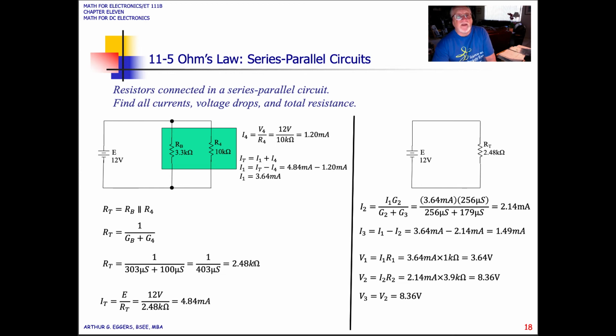I can take that value, plug it back into the current relationship for Ohm's law, knowing that it's 12 volts applied. The total resistance now, as we can see over here in our equivalent circuit, becomes 2.48 K divided into 12, or 4.84 milliamps. So that's the total current in the circuit.